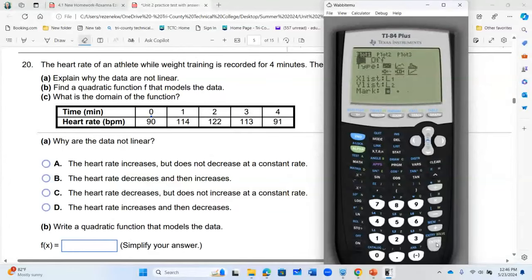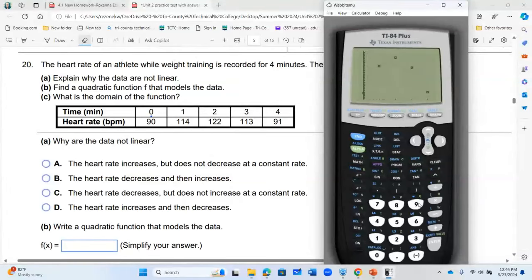And I want to turn plots on, and I want to do scatter plots. So everything is in order. So let me Zoom 9. So I'm going back to Stat Plot, and I selected Plot 1, and I want to Zoom 9 because it's already in order.